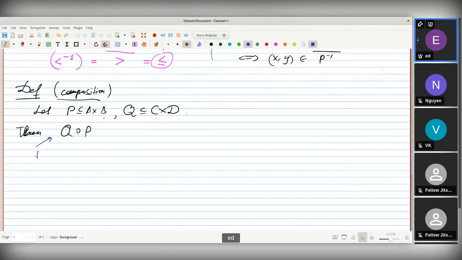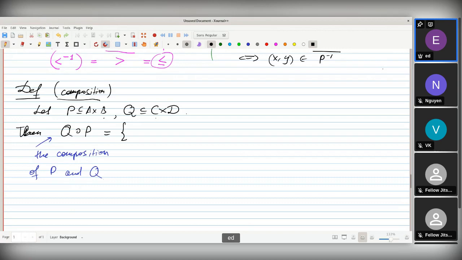This is called the composition of P and Q. Look, from the right to the left, we shall see why. Of course, this writing convention is common for some languages like Arabic, but for many other languages, this is strange.